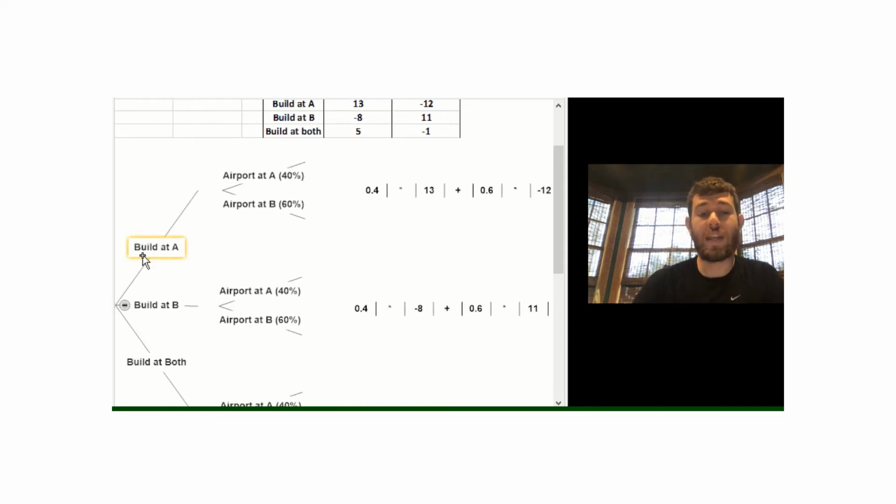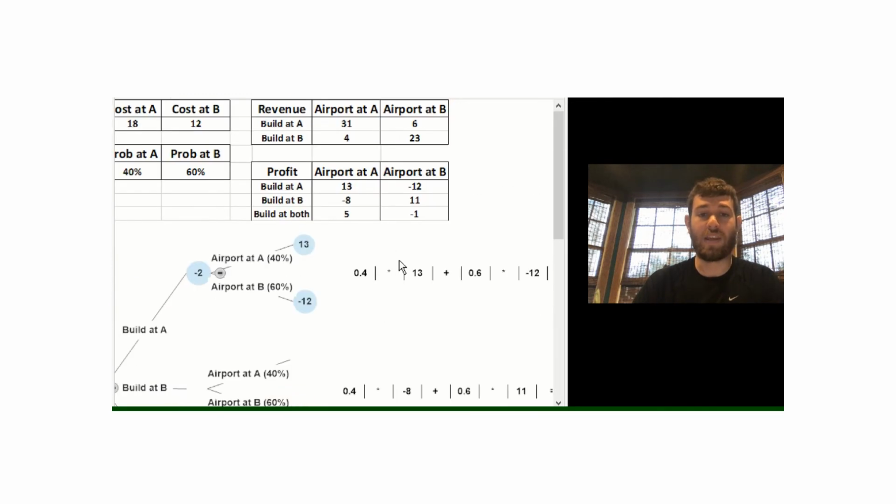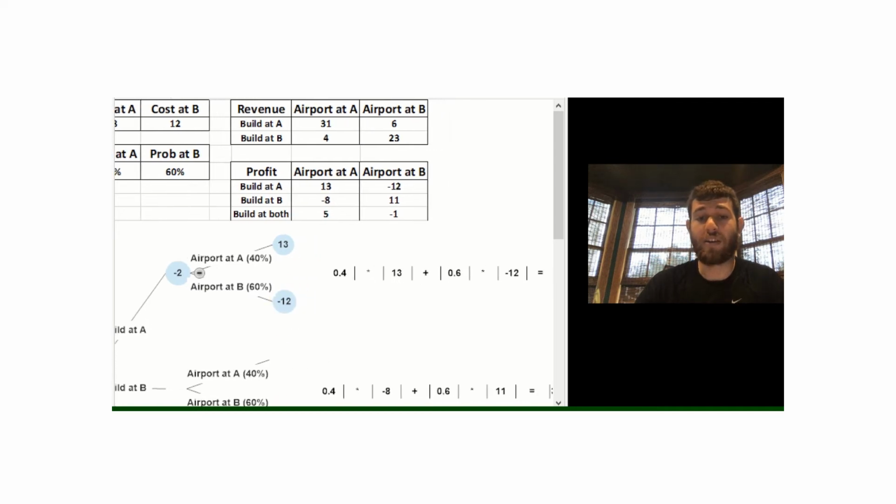If we build at A and the airport is built at A, we stand to make 13 million, remember, from our graph up here. Also, we have in our graph for profits, if we build at A and the airport's at B, we're going to lose $12 million. So how do we calculate this expected?